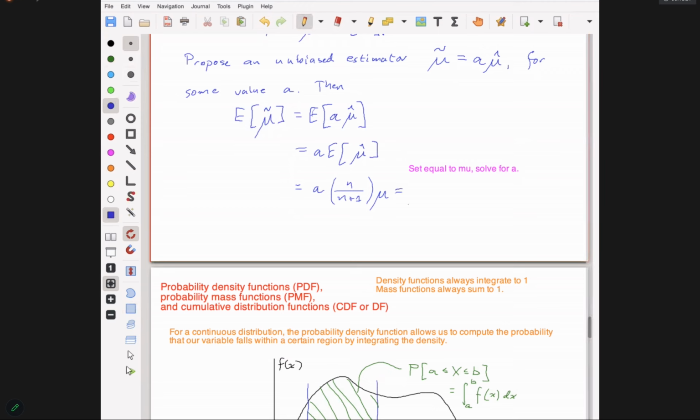And so if I say that this is equal to mu, then A is equal to mu over n over n plus 1 times mu. And so this is equal to n plus 1 over n. Does this make sense?